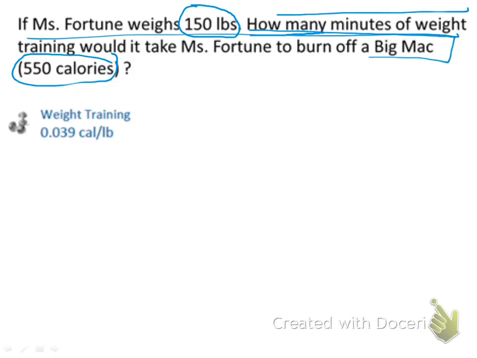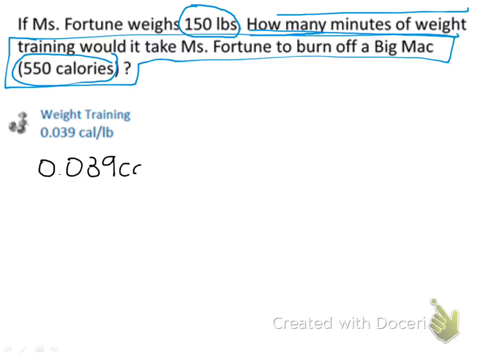The first thing we're going to do is we know how many calories people burn per pound in 1 minute of weight training. And that is 39 thousandths of a calorie per pound. Now remember, because it depends on your weight, everybody's amount of calories they burn will be different.